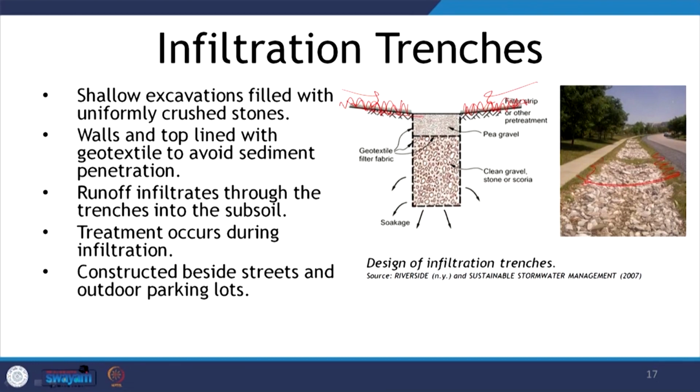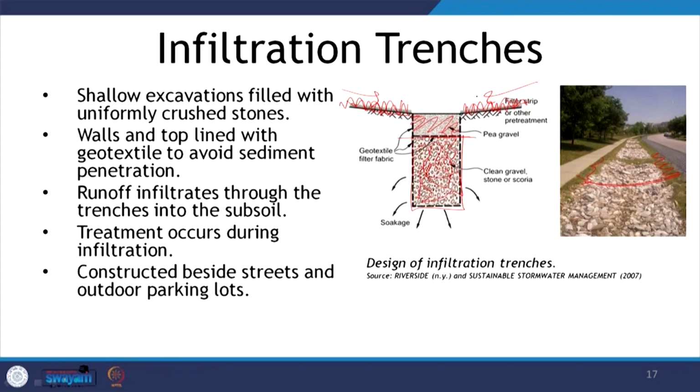And then the top will be lined with small-sized gravel, and the bottom of this trench is filled up with clean, bigger-sized gravel, and in between it is a geomembrane. So, the finer particles and solids will not permeate through it and choke the lower strata.